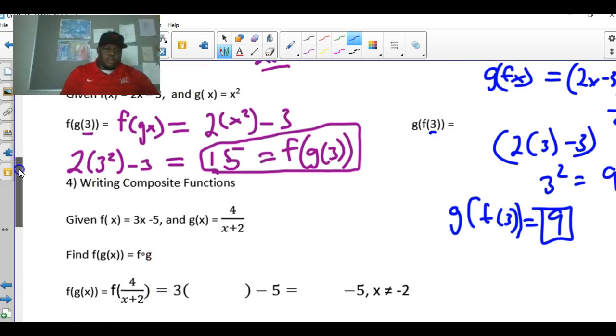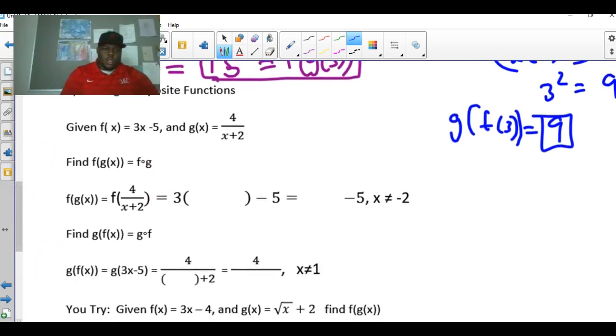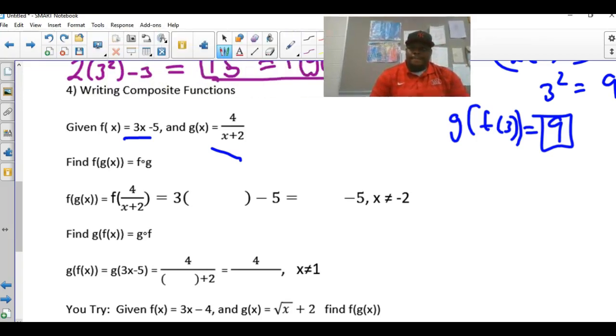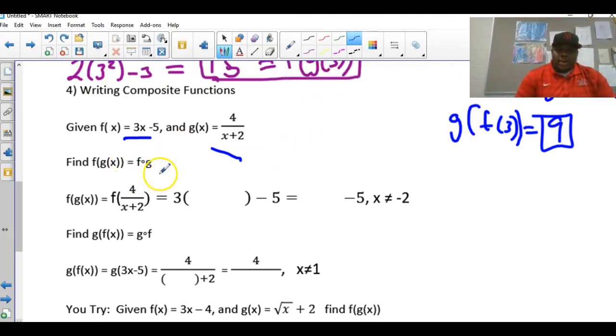Let's move to number 4. Look, my lights came back on. Here, given that this is f of x and this is g of x, this is doing the same thing we just did, composite functions, without the number. We're not evaluating for a number. So f of g means put g inside of f. So here's g.